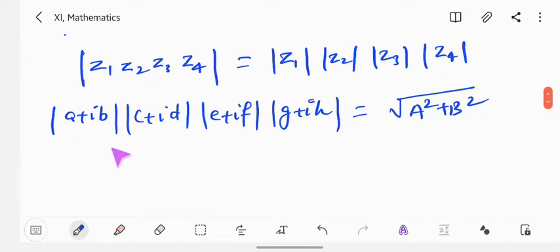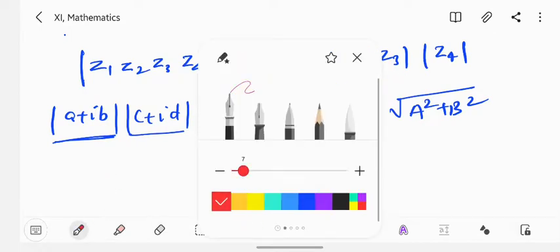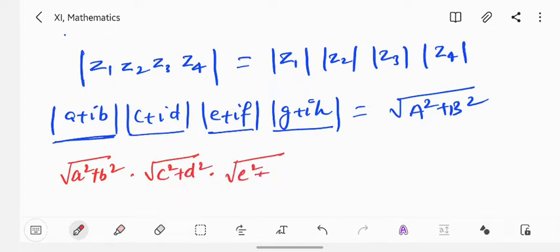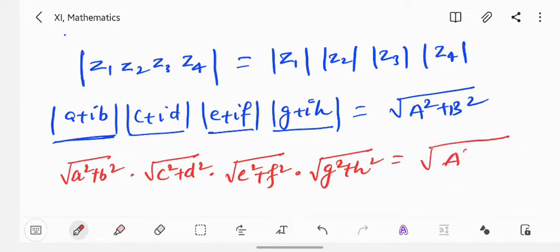Now taking the mod of these complex numbers together, we'll get the square root of a square plus b square multiplied by square root of c square plus d square multiplied by square root of e square plus f square multiplied by square root of g square plus h square is equal to square root of a square plus b square.